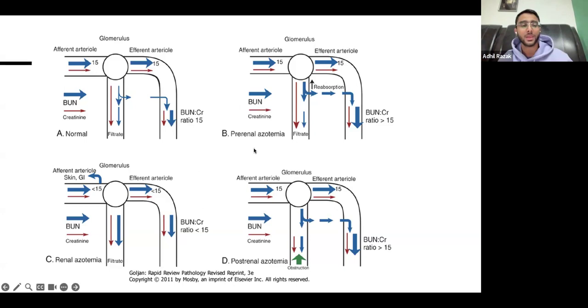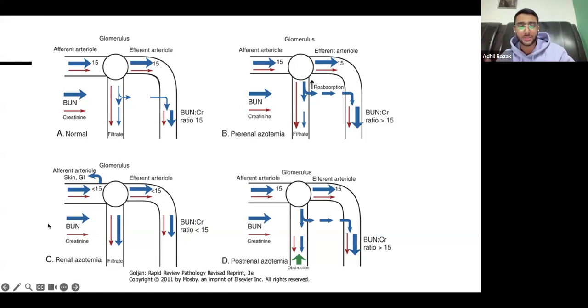So that's pre-renal azotemia. What happens with renal azotemia is that the kidneys themselves are damaged. There's something wrong with the glomerulus and the tubules. That's what happens with intrinsic or renal azotemia. This could be due to ATN, acute tubular necrosis, acute interstitial nephritis, or other causes.